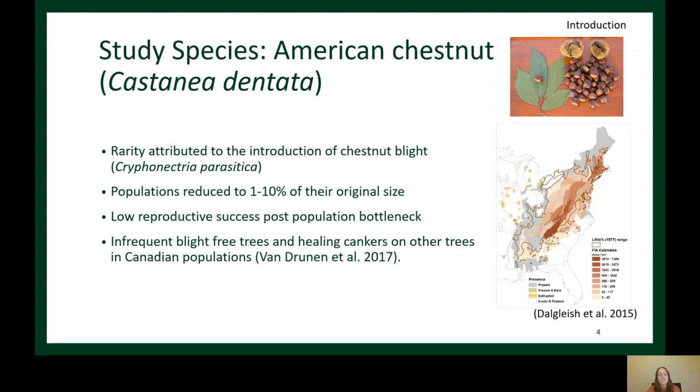Since then, populations have been plagued by low reproductive success, post-population bottleneck. However, there are reports of infrequent blight-free trees and healing cankers on other trees in Canadian populations, which may indicate greater genetic variation than we previously thought.